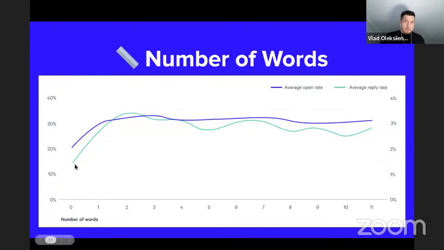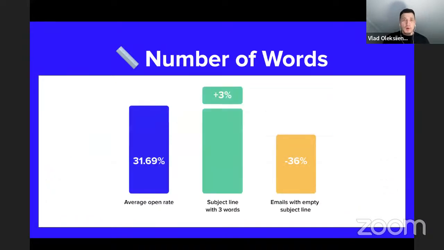If you use empty subject lines, that's a problem. You should at least add 1 word to your subject line, because when you send an email with no subject line, they may think your email seems suspicious or maybe spam or something like this. So I encourage you to insert at least 1 word, and you're pretty much good to go.